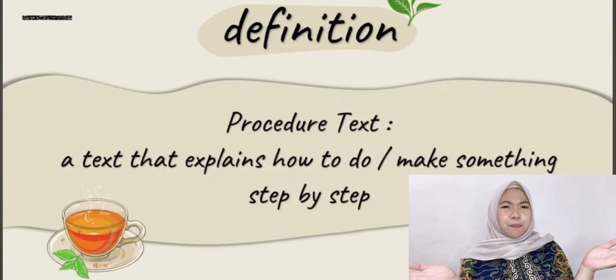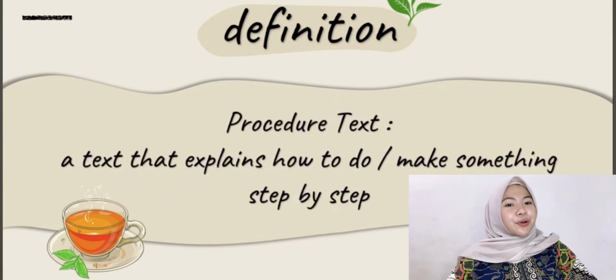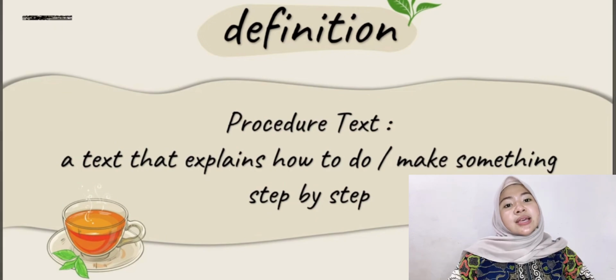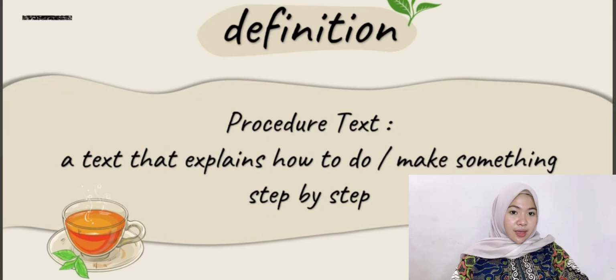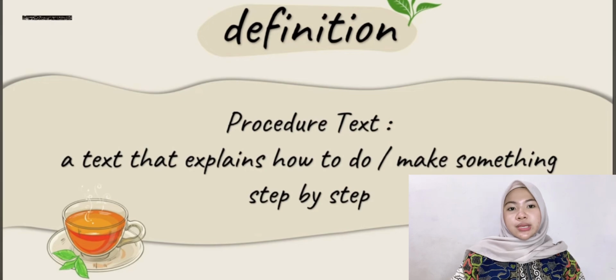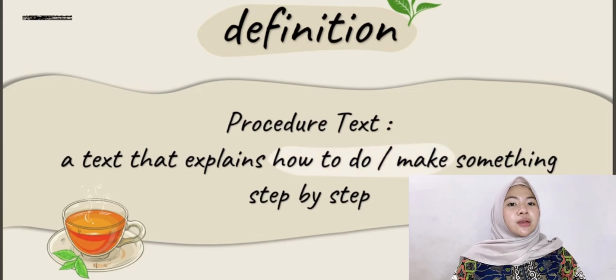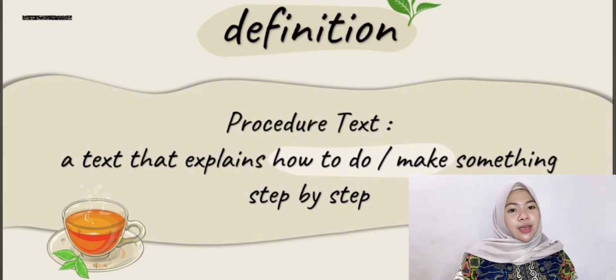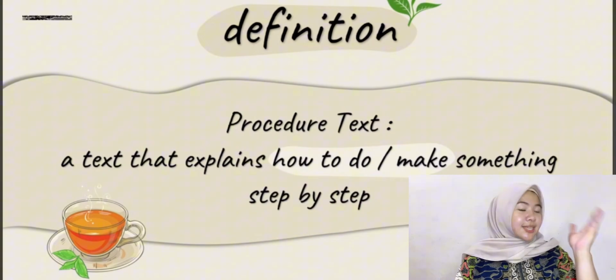So, what is a procedure text? A procedure text is a text that explains how to do something or how to make something step by step. The most important point of a procedure text is step by step. This is the difference between a procedure text and tips.